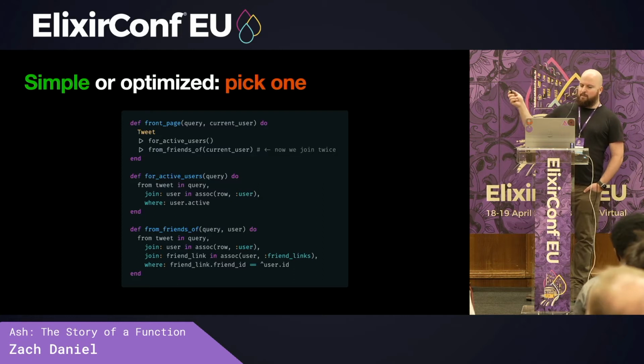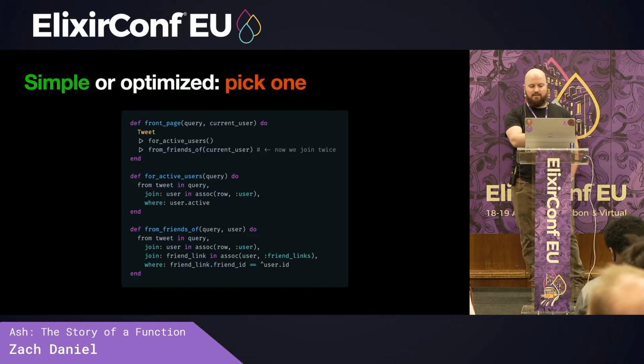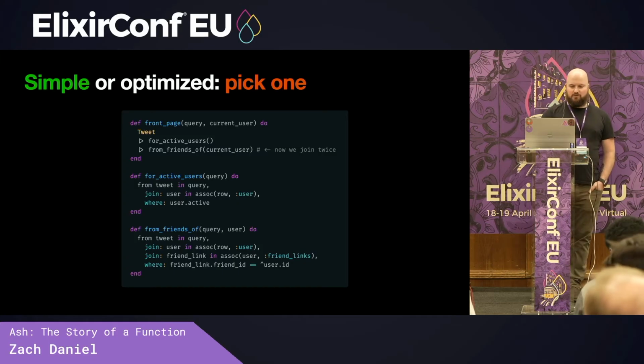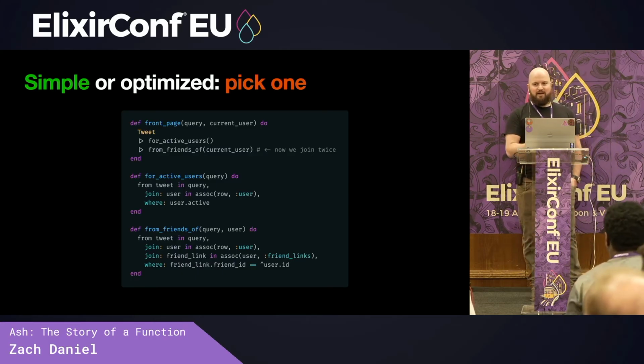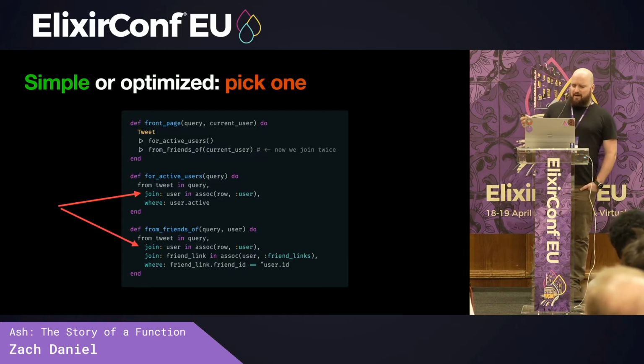And if you'll notice, each one of these little things, for active users and from friends of, they join to the user table. So technically, this is not as efficient as it should be if you were to just write this by hand. And honestly, that's not that big of a deal. I would probably not say you need to go refactor this because you're joining to a table that assumingly has an index. But still, you have to make that choice.